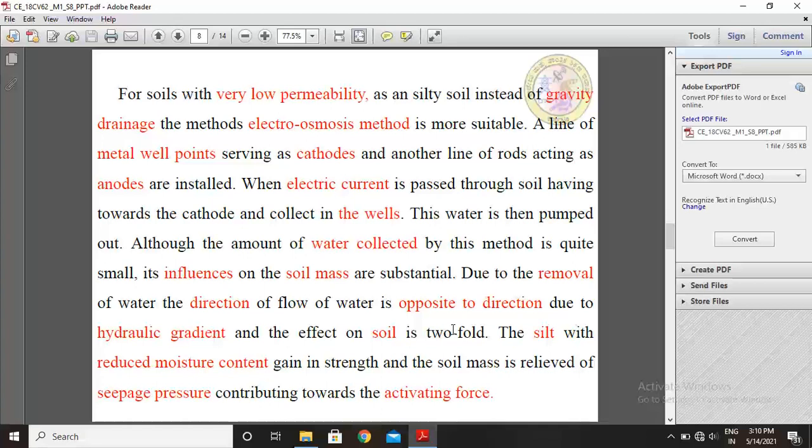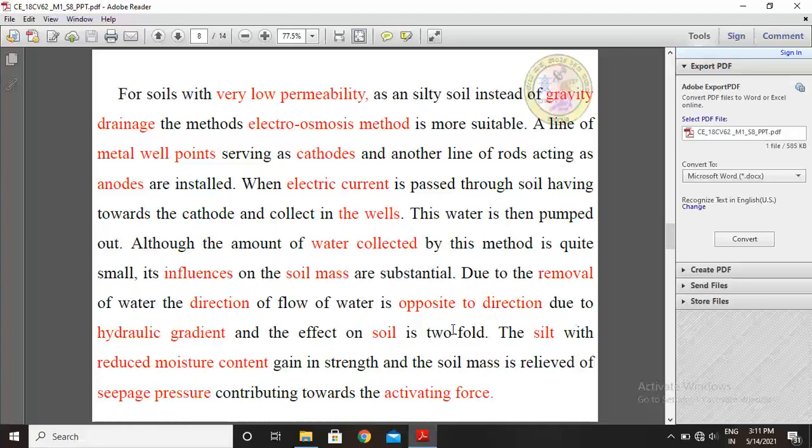Here the silt means silty soils. The silt with the reduced moisture content gains in strength, and the soil mass is relieved of seepage pressure, contributing towards the activating force.